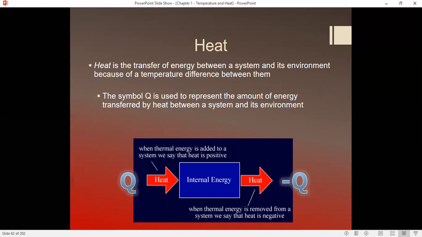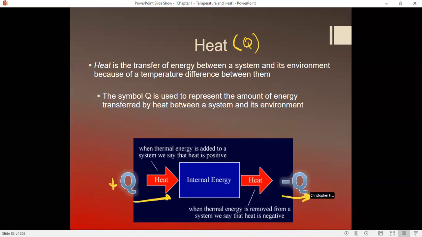So when talking about how a system works as we add heat, we generally say heat, which we use the symbol Q for, okay? If the heat is positive, the heat is going into the system.